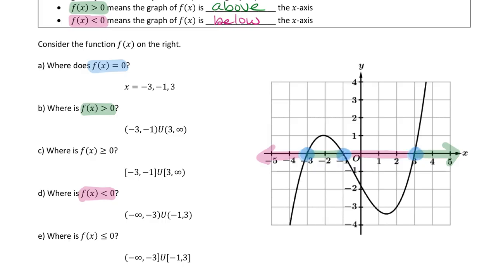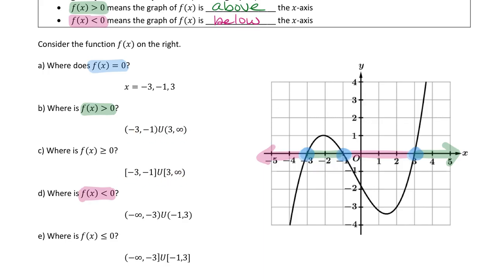Now, my question for you is, do you see a difference in the way the answers are written from B, which is just greater than 0, to C, which is greater than or equal to 0? What's the only difference there? The brackets. Do y'all remember that from algebra class?